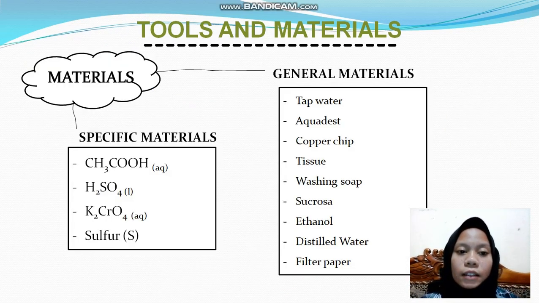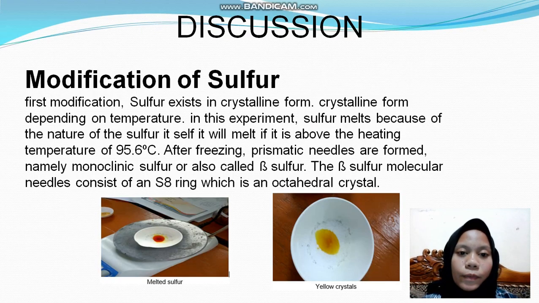General material: tap water, aquadest, copper chip, tissue, washing soap, sucrose, ethanol, distilled water, filter paper. Specific material: acetic acid, sulfuric acid, potassium chromate.